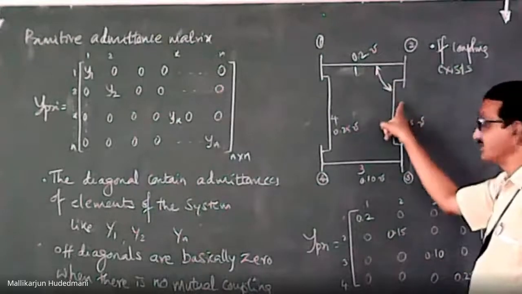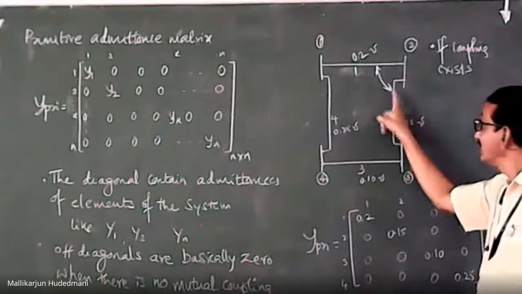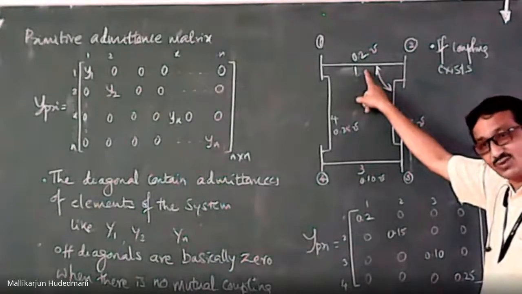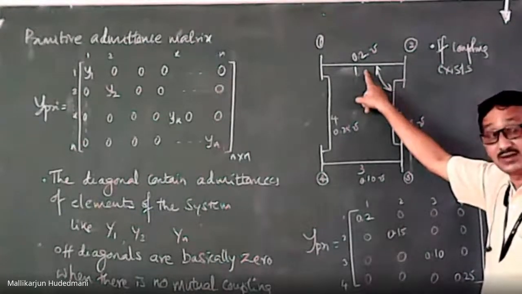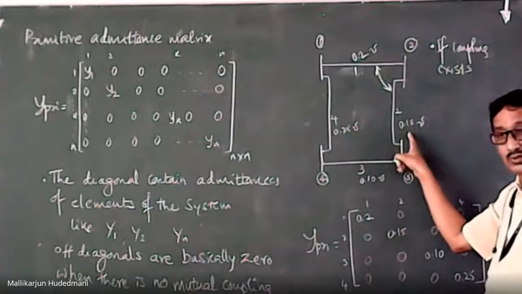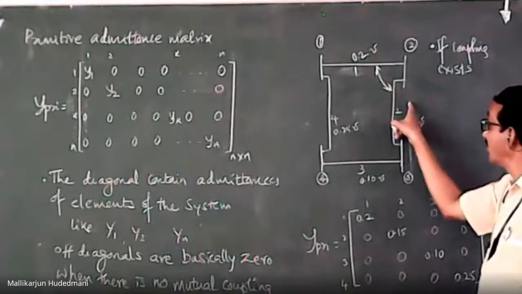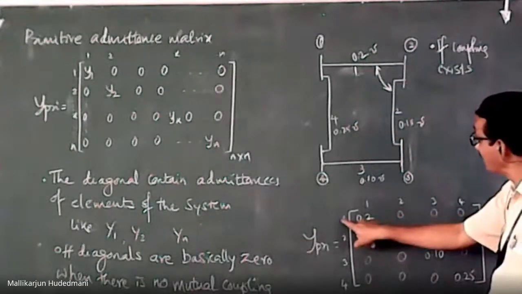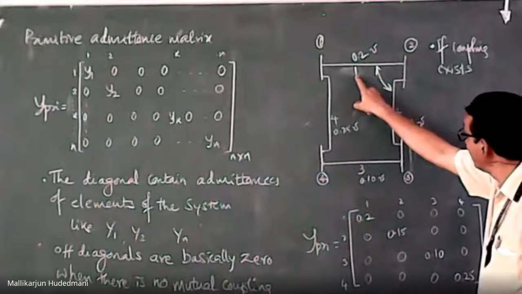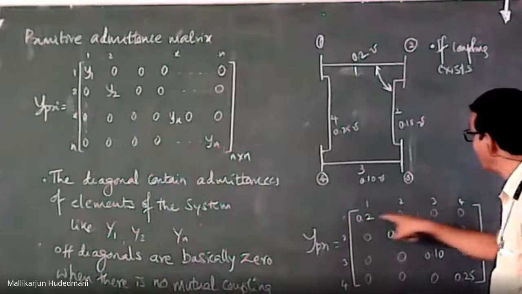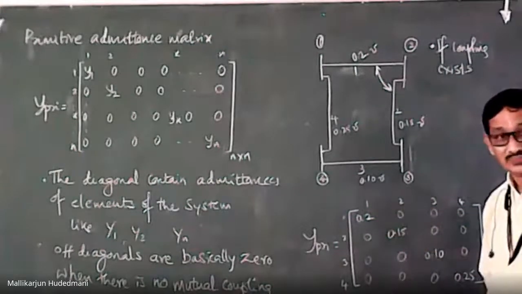When these two transmission elements possess self-admittance, in the sense of self-reactance converted to admittance, it becomes self-admittance like Y1, like Y2. If they do not have mutual coupling, then the off diagonals of the element number 1 row remain 0, 0, 0, except 1 cross 1.